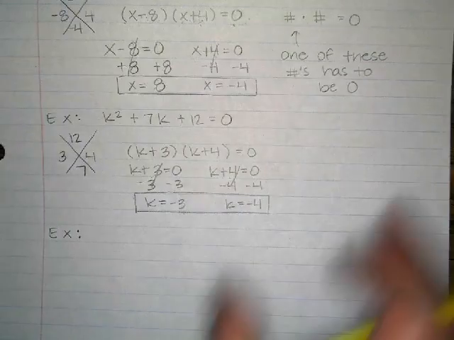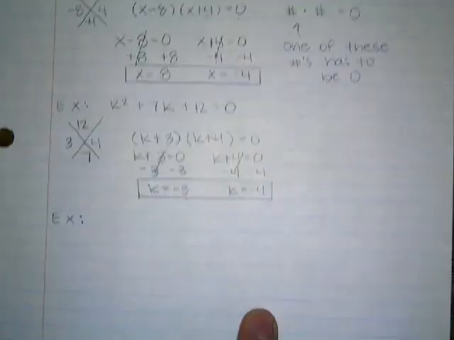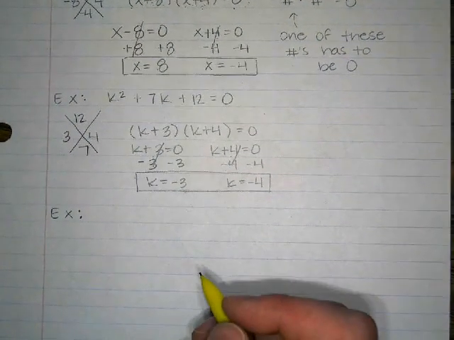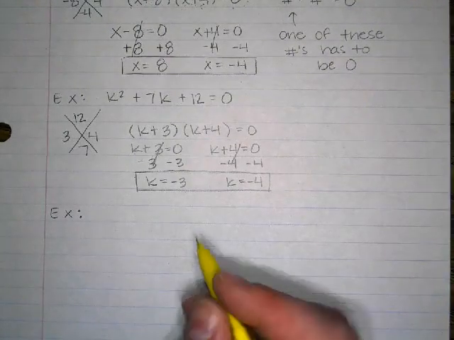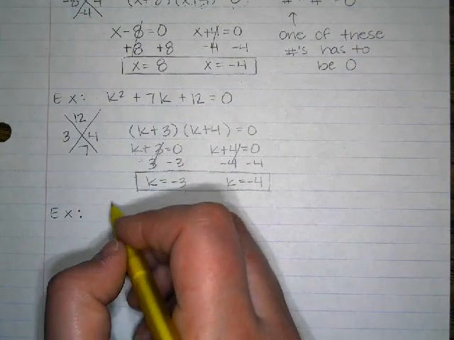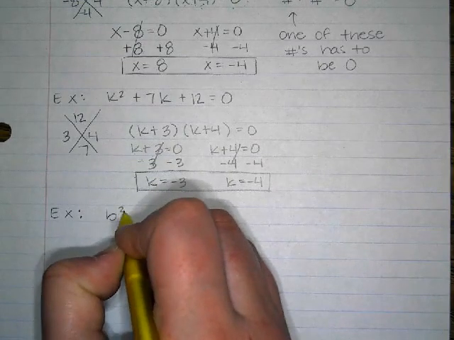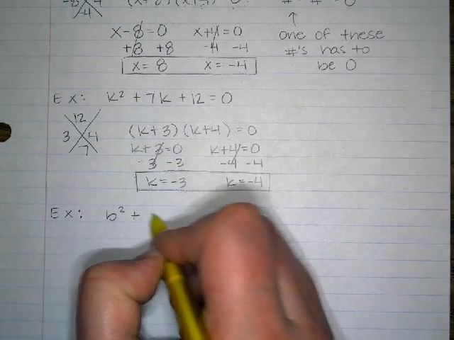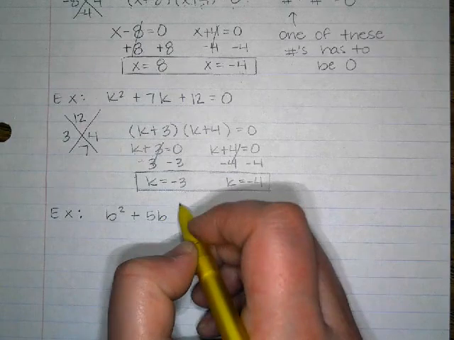For this one, we're going to try b squared plus 5b equals 24.